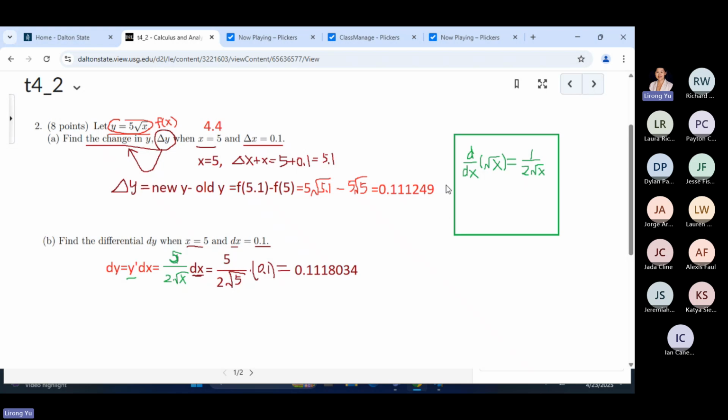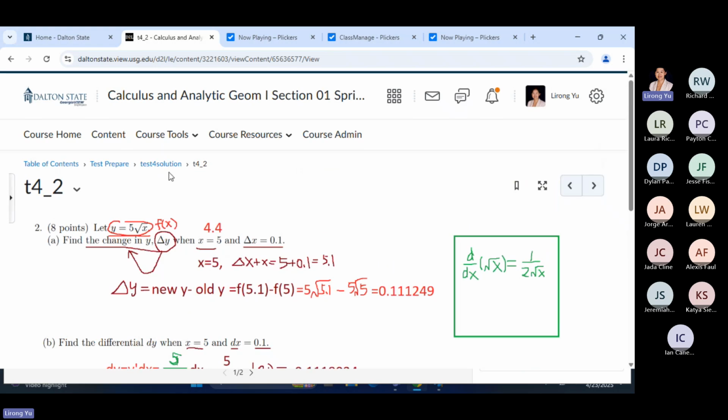But when you calculate delta y, that's the change, so you calculate the first y value minus the second y value. That will be an example that you can follow when you are doing your 4.4 homework. Any questions? I suppose this one, at least the organization of the solution on the page, is not too confusing. That's the 4.4 homework.